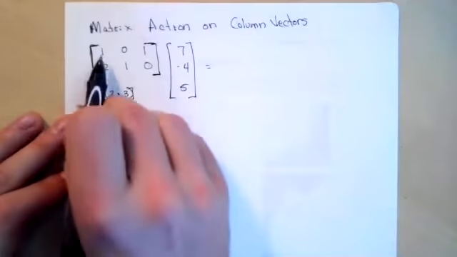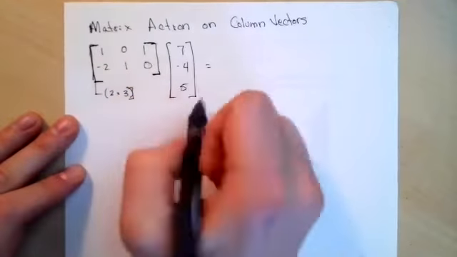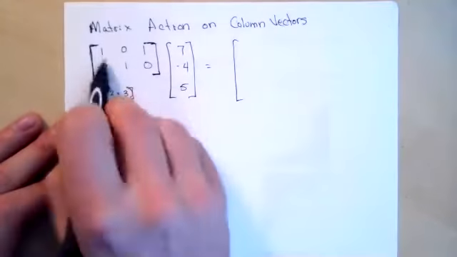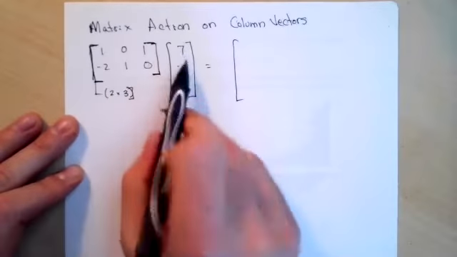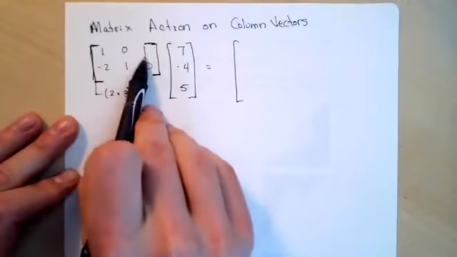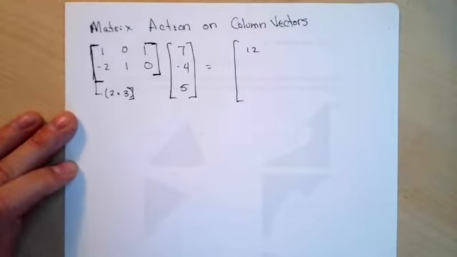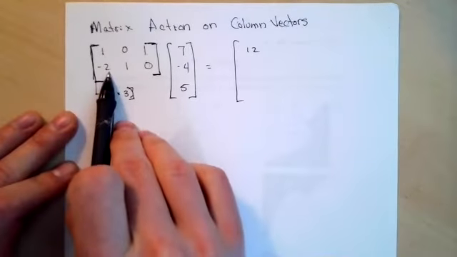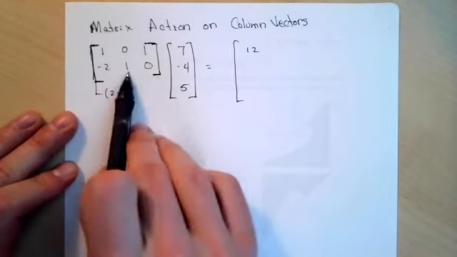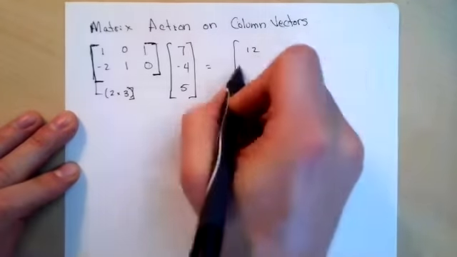What is that going to give us? In our first position, we will have first row, only column. So 1 times 7 plus 1 times 5 will give us 12. And then in the second position, we will have minus 2 times 7 minus 4, so minus 18.